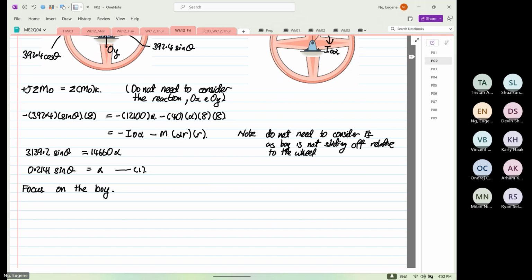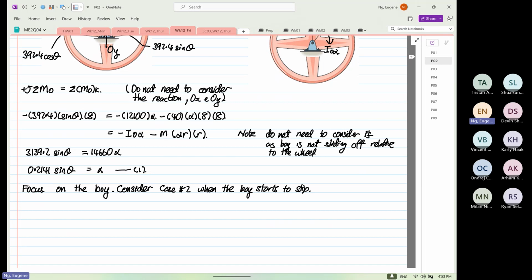And this is where we consider case number 2, when the boy starts to slip. The constant object over here is the wheel.